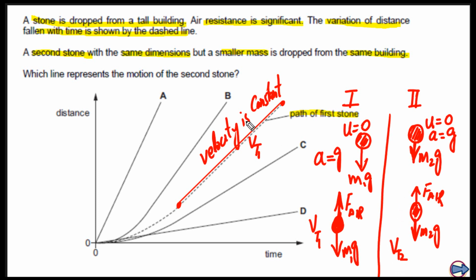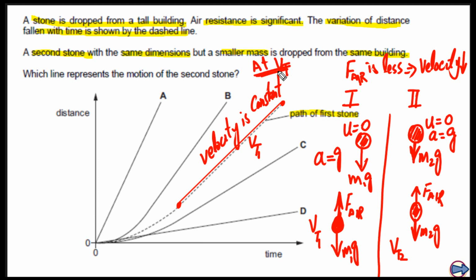Now the concept we need to understand: smaller mass. If mass is smaller, it means the weight is smaller. If the weight is smaller, the air resistance required to balance the weight also has to be less. And if F air is less, it means the velocity is also small.